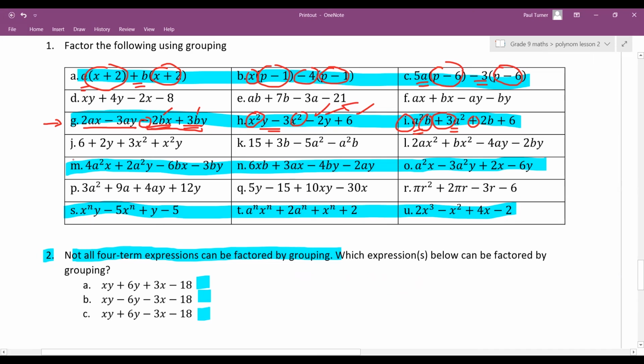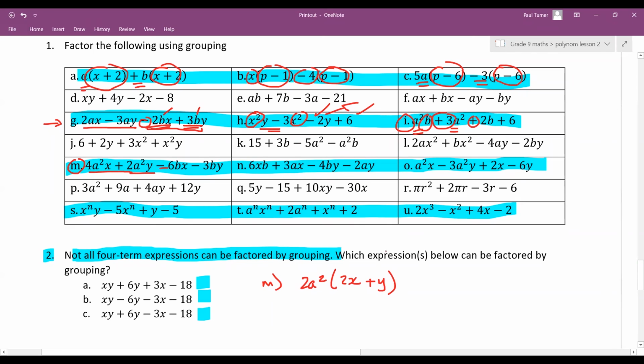Okay, question M. I may skip some of these so we can do the last line. 4ax squared, 2axy. It looks like 2a squared is the common factor. So 2a squared, you are left with 2x. 2a squared, you are left with y from that one.